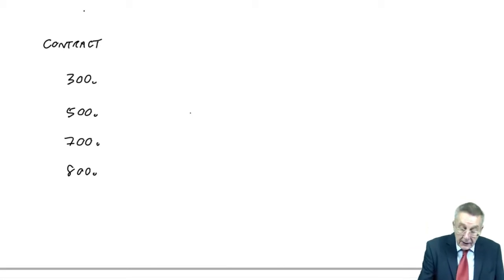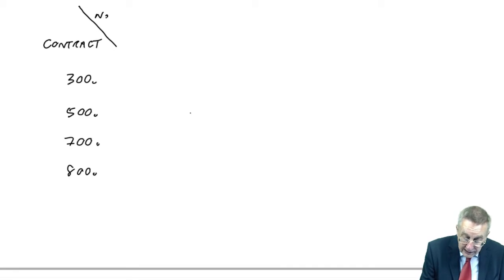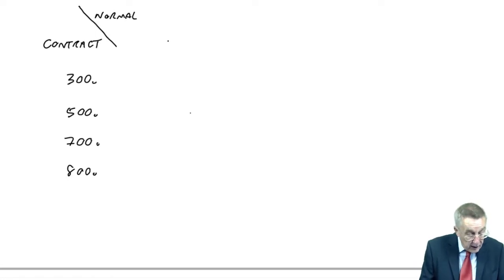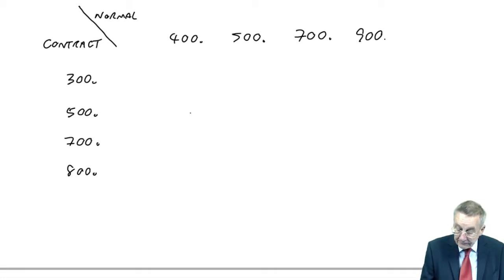But it'll also depend on normal demand. And the normal demand might be 400 units, 500 units, 700, 900.